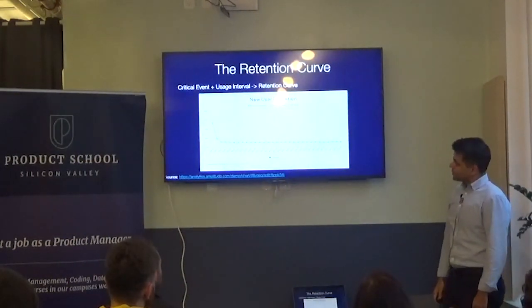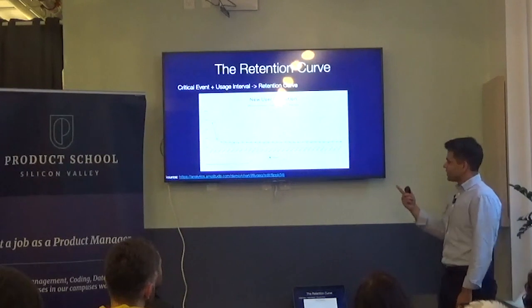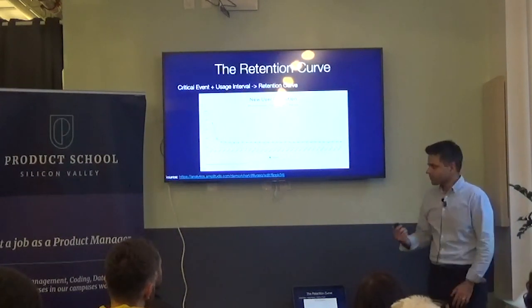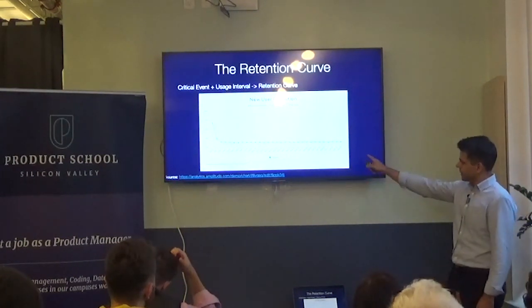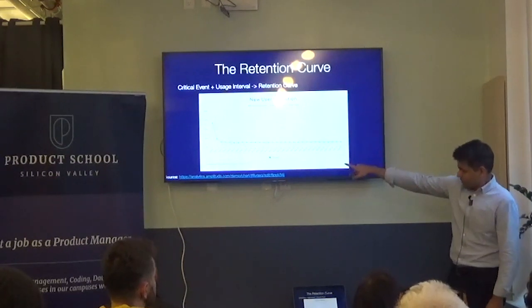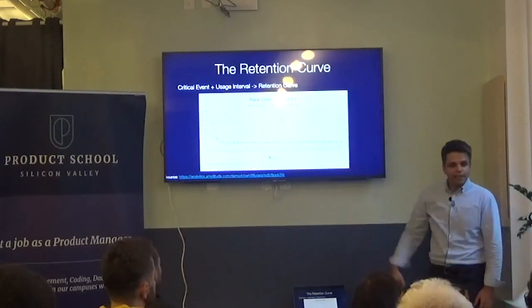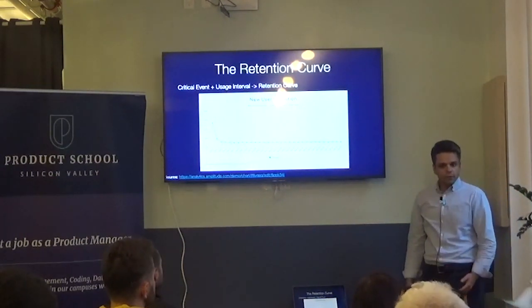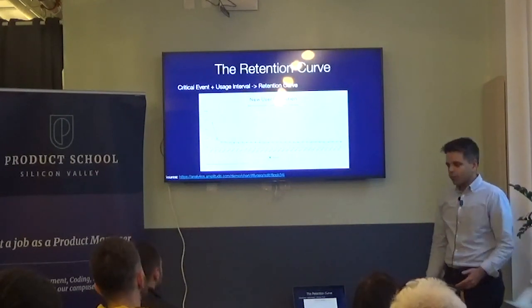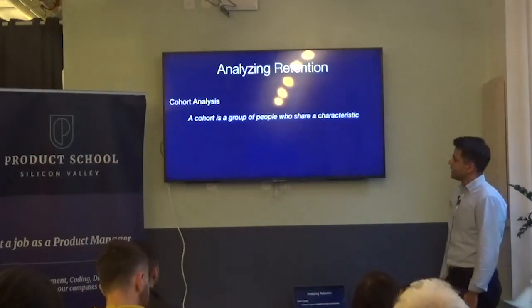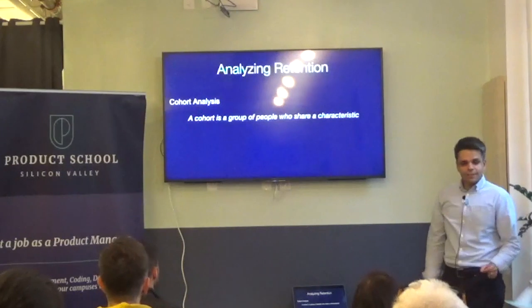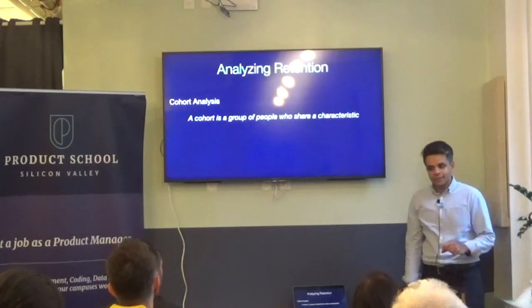Now, like I said, you want to try to do things to improve this, right? One thing that's interesting here is from that day 0 to day 3 period, a lot of people did leave your product. So you might ask yourself why. One way we can analyze that is through something called cohort analysis.